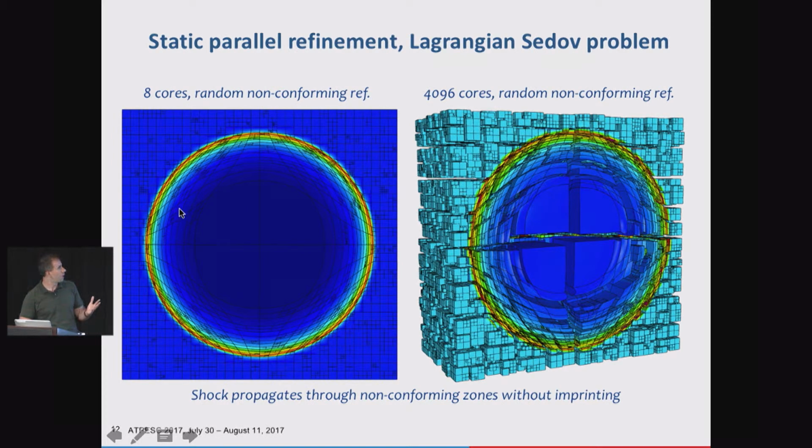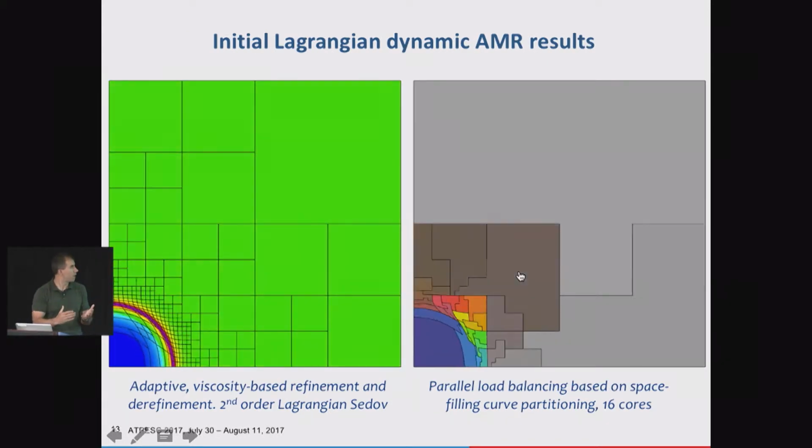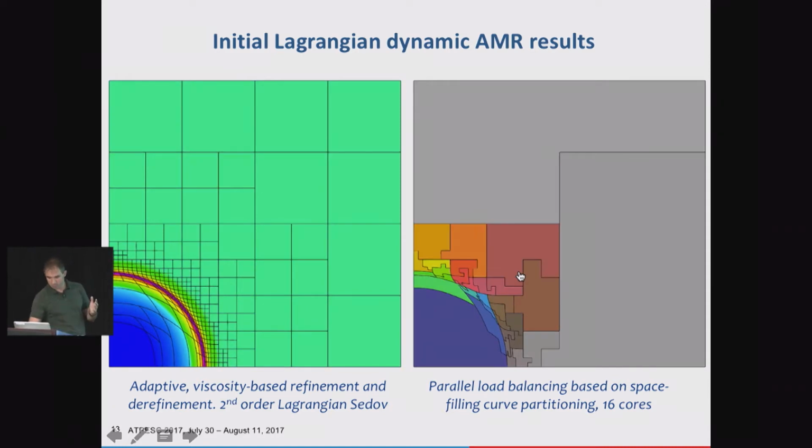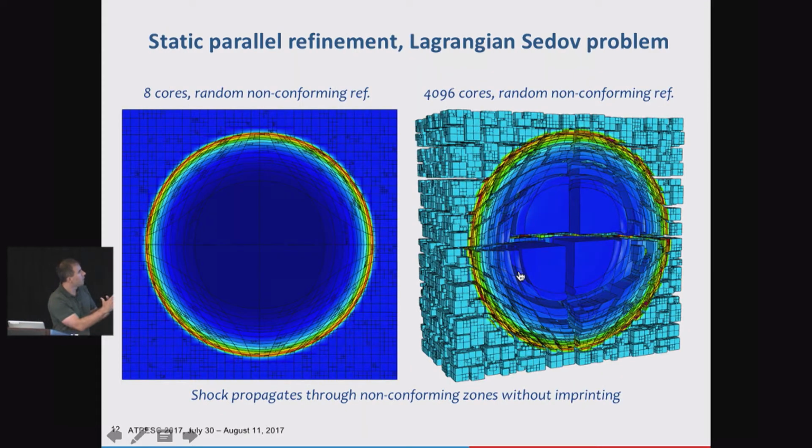On the left here, it's a 2-dimensional computation on 8 cores. On the right, it's a 3-dimensional computation on 4,000 cores. The thing you want to see here is, first of all, you maintain symmetry, and you don't see any reflections, which usually you have to be very careful about on the corresponding interfaces where you refined.